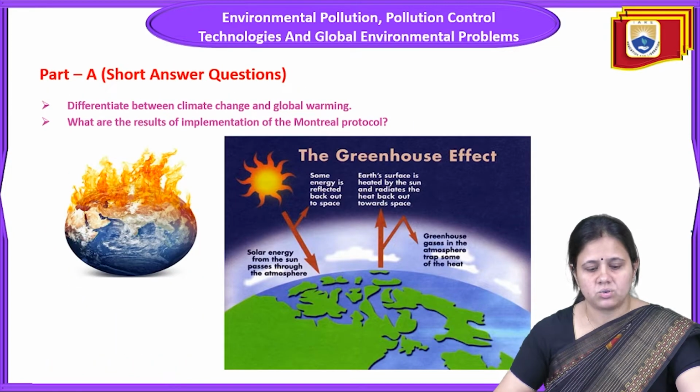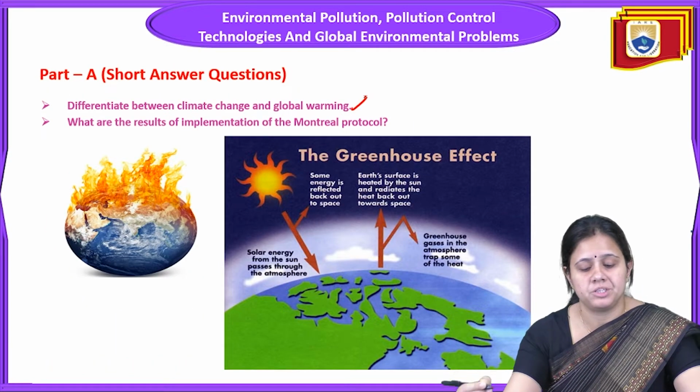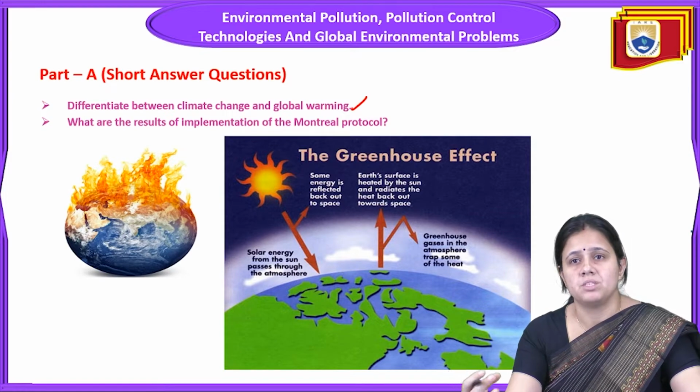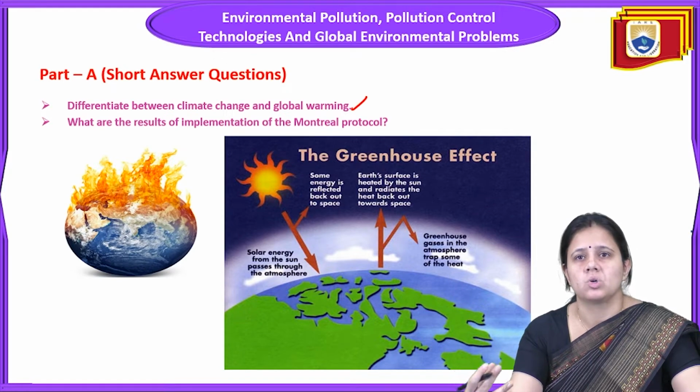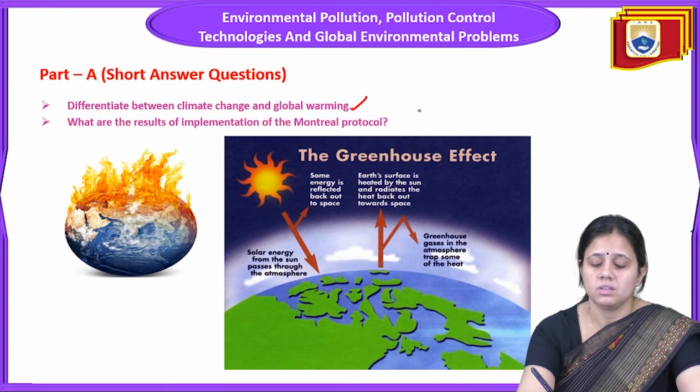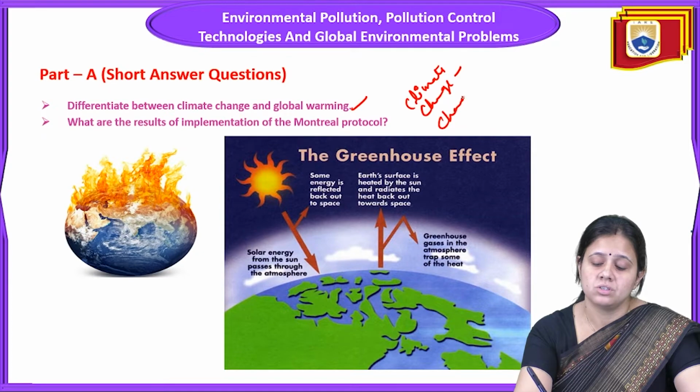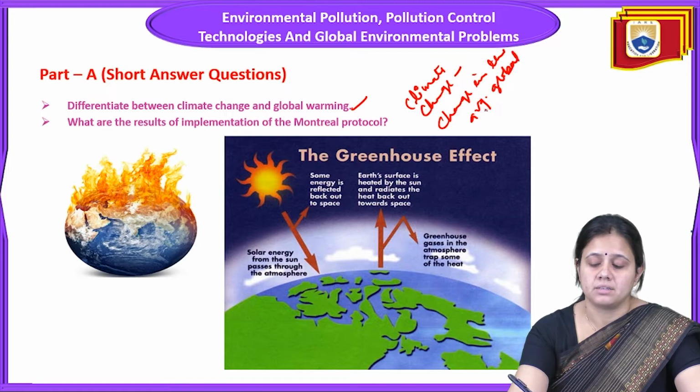Now comes the next question: differentiate between climate change and global warming. Climate change is the change of climates. Means the change in the average global climate pattern is called climate change.